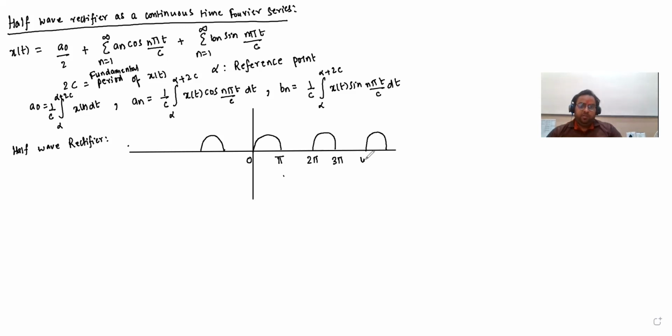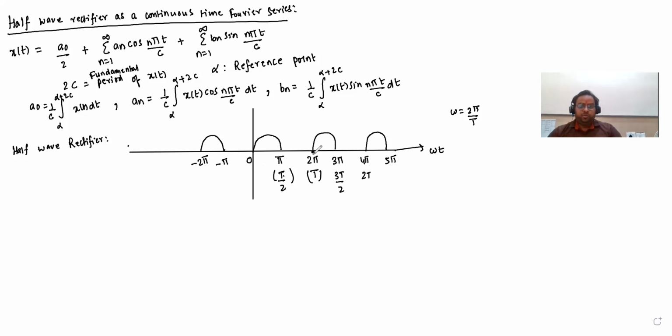Then we have 3 pi, 4 pi, 5 pi, and so on, and here 0, minus pi, minus 2 pi, and so on. This axis is omega t, where omega is equal to 2 pi by T. If we were talking only about the time axis, these points will be T by 2, T, 3T by 2, 2T, and so on.